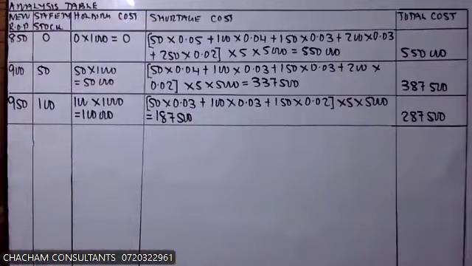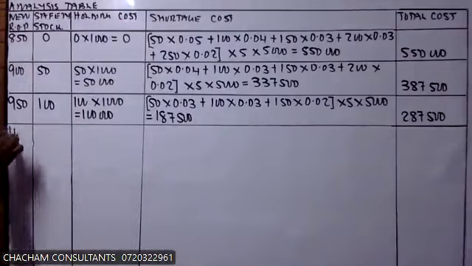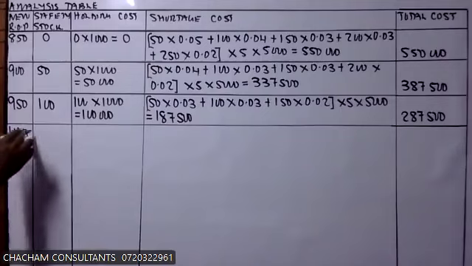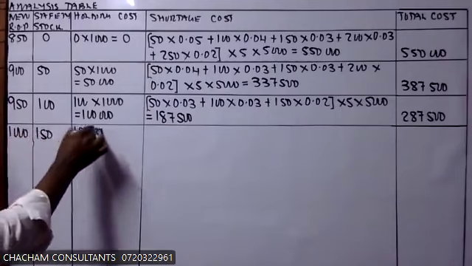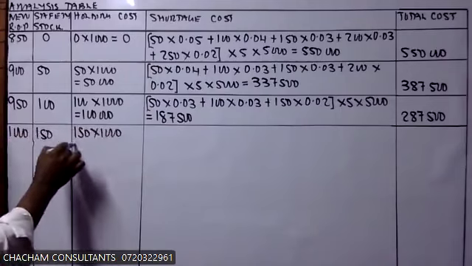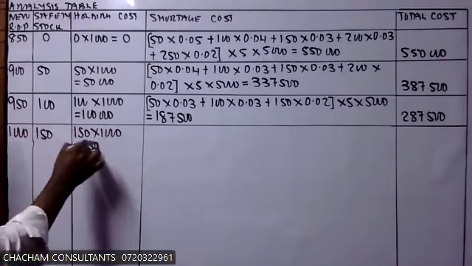Higher. The next point is 1,000. At 1,000, the safety now will be 150. So 150 times 1,000 is 150,000.